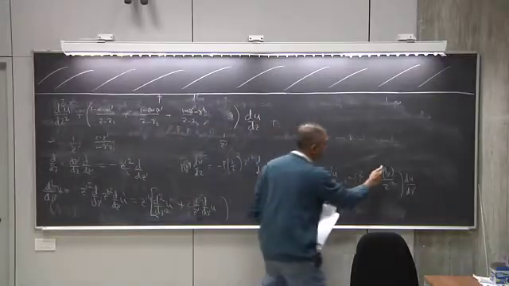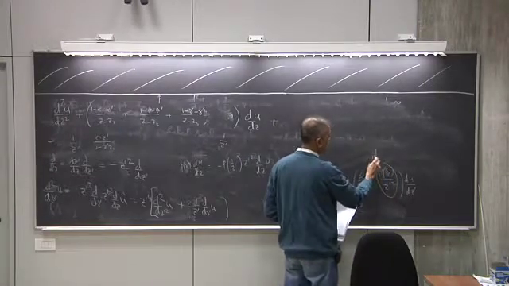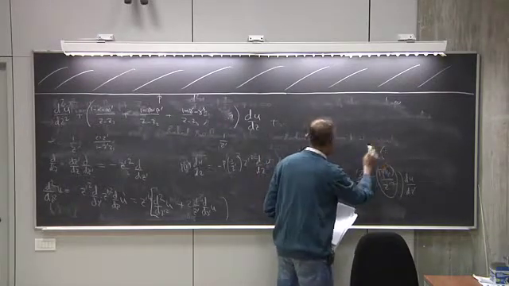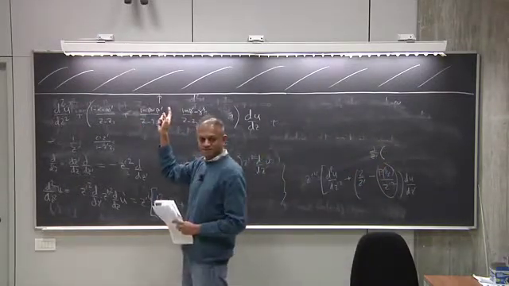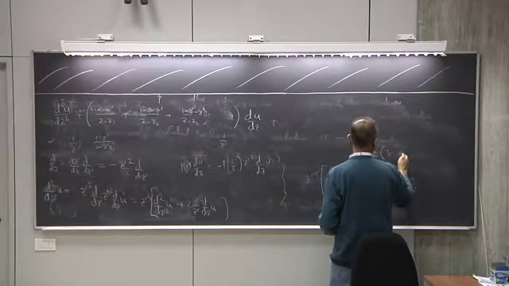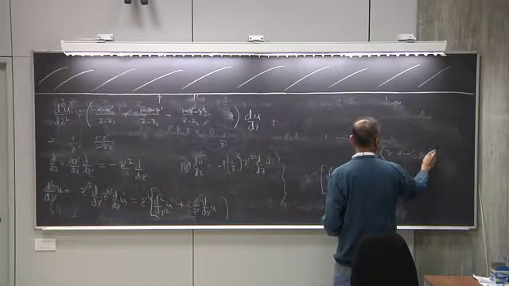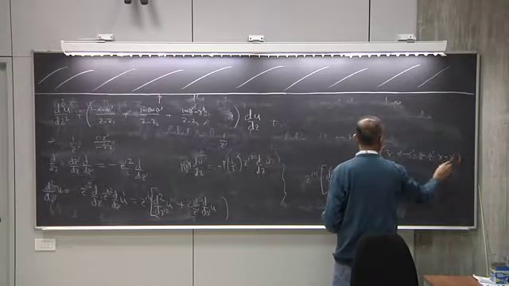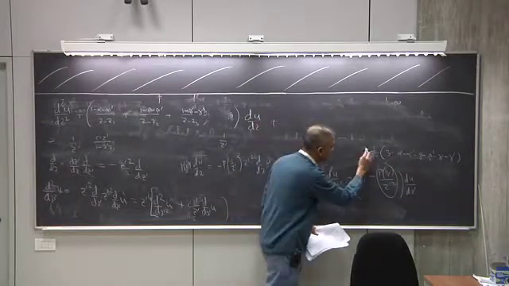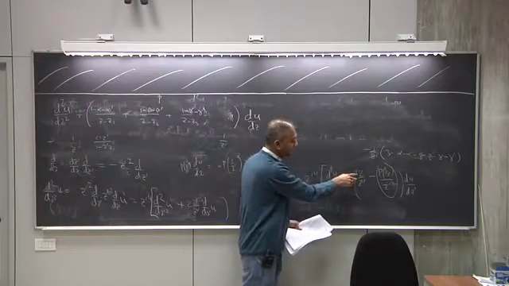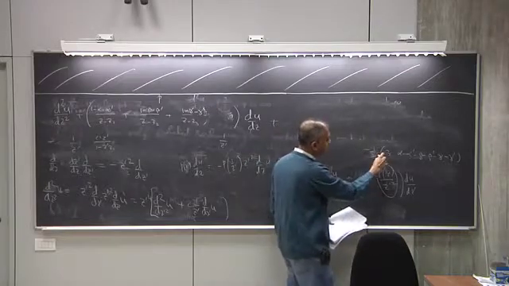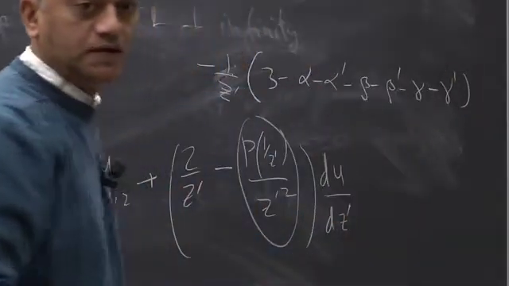This whole thing together gives you 1 over z prime, because z prime divided by z prime square is 1 over z prime, times the sum of these three constants, which is 3 minus alpha prime minus beta prime minus gamma prime. That must cancel with this. There is a minus outside, and there is a 2 here. So the equation that we get is 2 minus 3 plus alpha, etcetera, should be equal to 0.